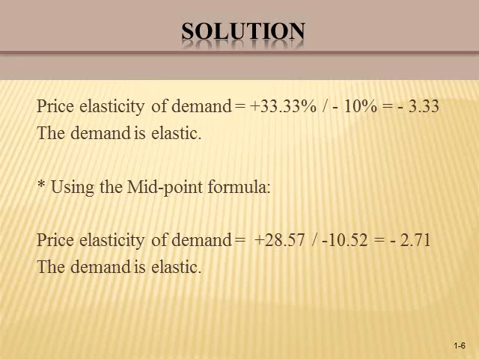By applying the regular formula, we know that the price elasticity of demand is equal to the percentage change in quantity demanded over the percentage change in price. As we have defined, P1 equals 100, P2 equals 90 because the price is falling, and Q1 equals 15,000, Q2 equals 20,000.